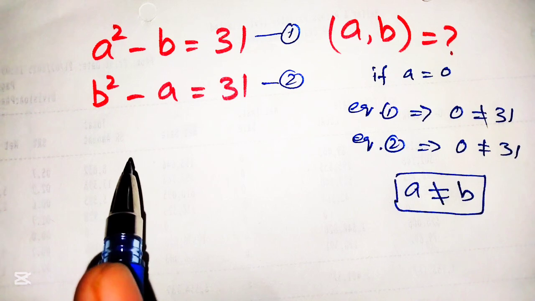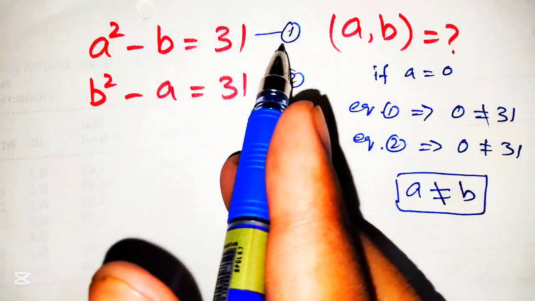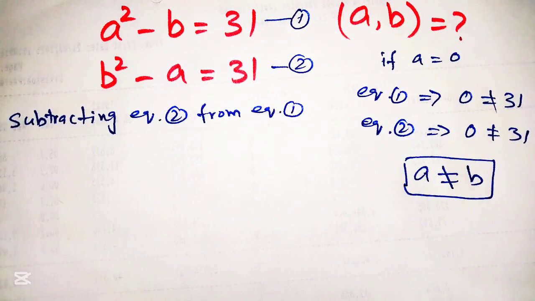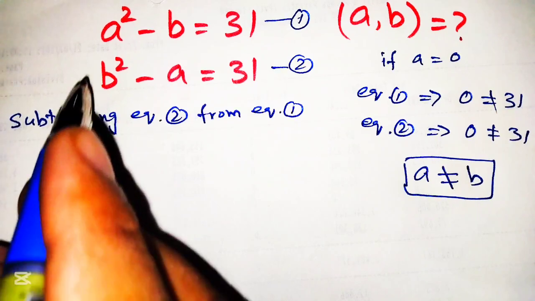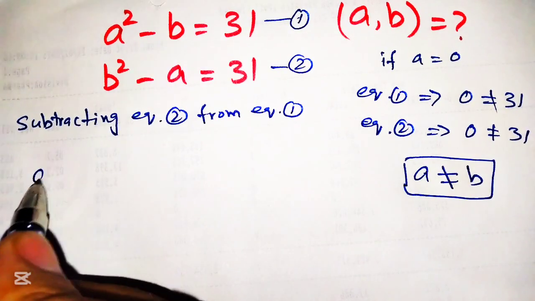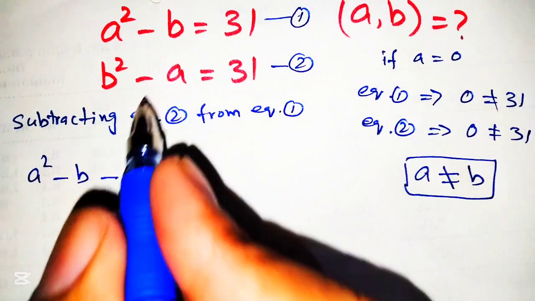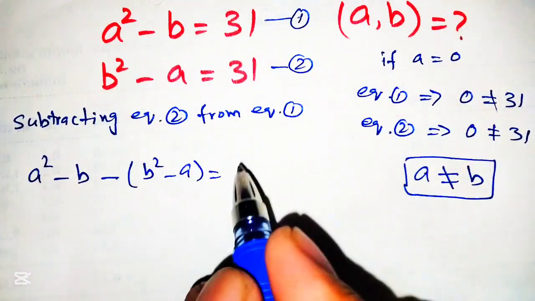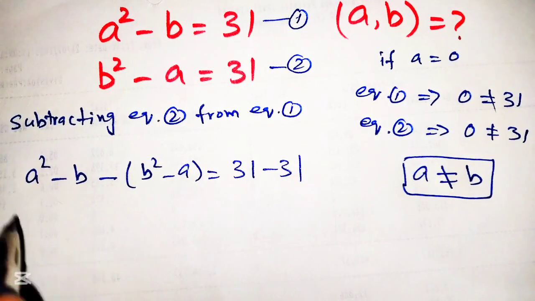So let's start the solution. To solve this, first we will subtract equation number 2 from equation number 1. Subtracting, the left-hand side gives a² − b minus the left-hand side of equation number 2, which is b² − a, and this is equal to 31 − 31.